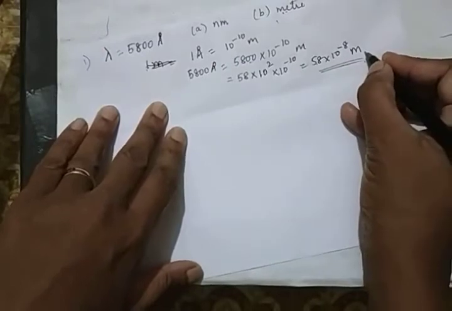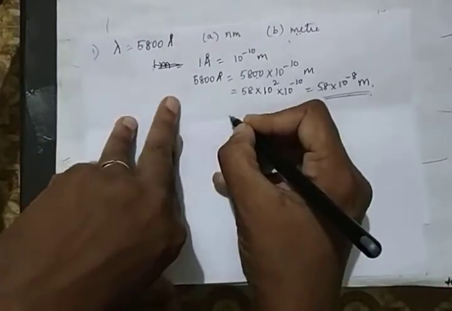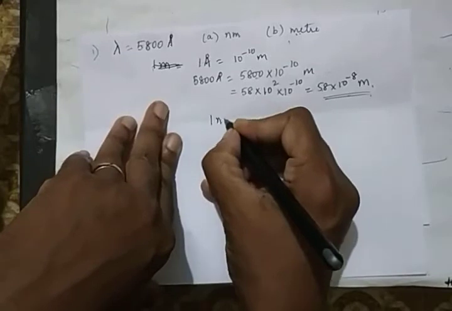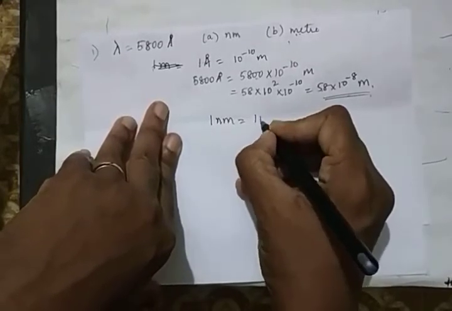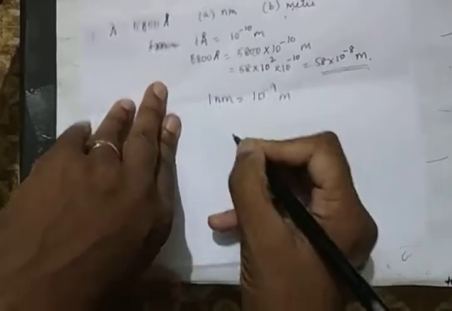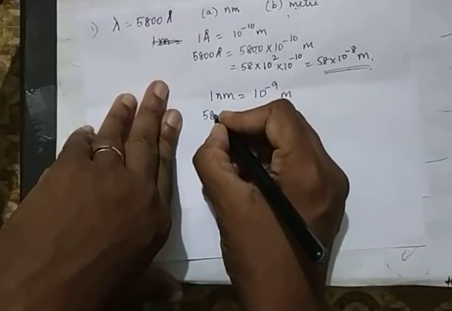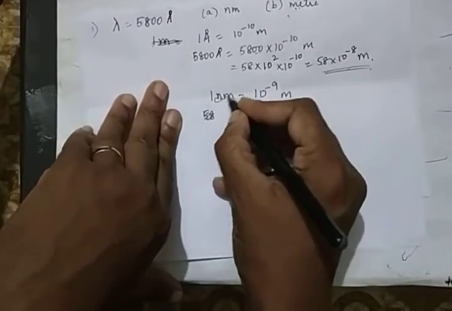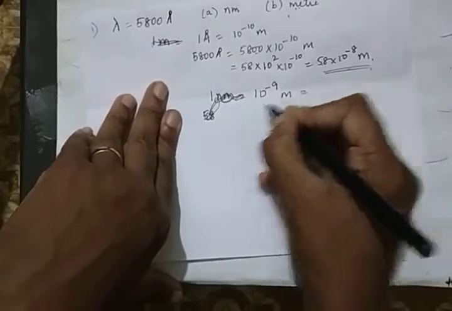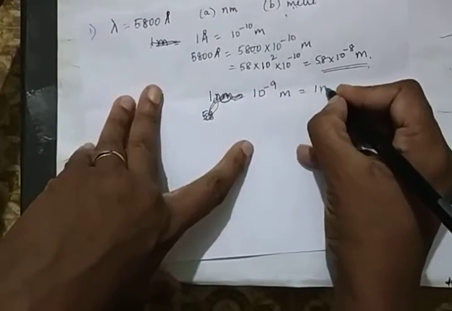So we have found the B part in meter first, then we go to nanometer. Once you find it in meter, you know the relationship between meter and nanometer. 1 nanometer is, nano is 10 power minus 9 meter. So we have to write the reverse: 10 power minus 9 meter is 1 nanometer.